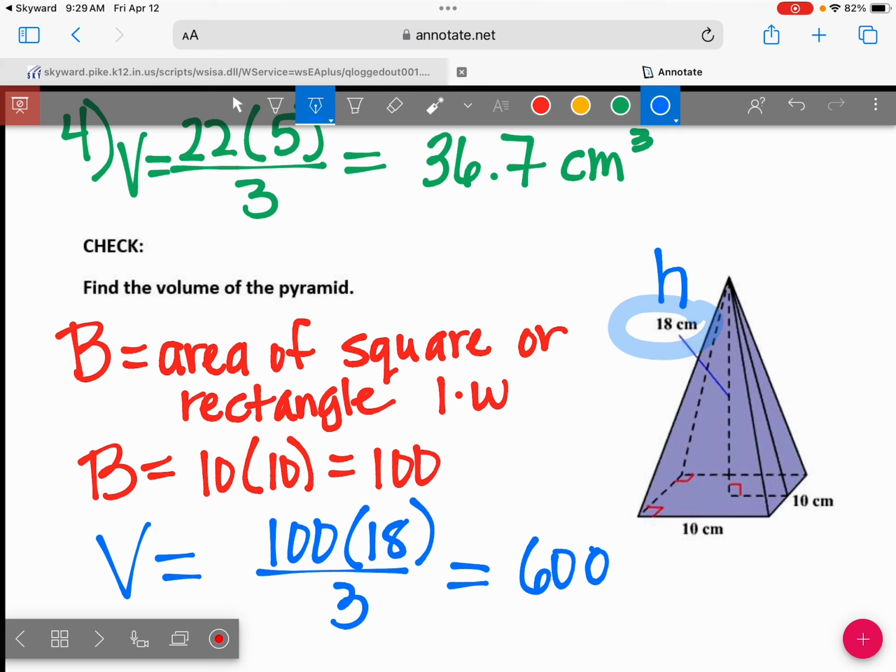Which I got 600. Anyone else get 600? Any questions about how to do that?